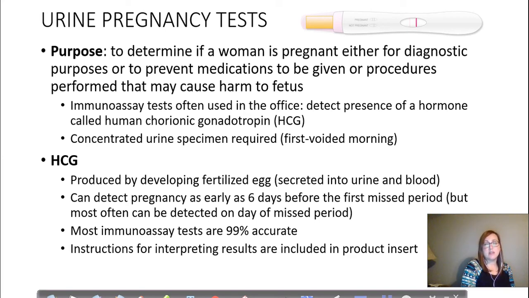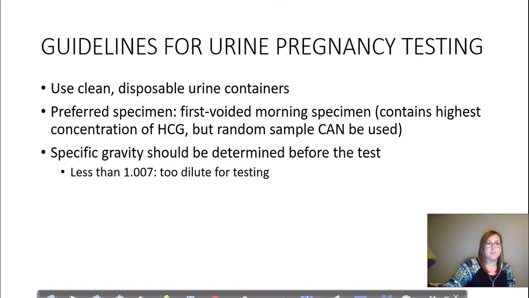It can detect pregnancy as early as 6 days before the missed period, but most often can be detected on the date of the missed period, so on the first day. These immunoassay tests are usually 99% accurate, and instructions for interpreting those results are in the product insert.